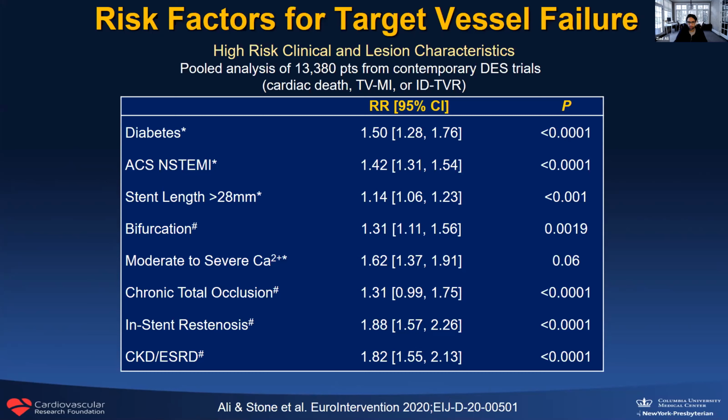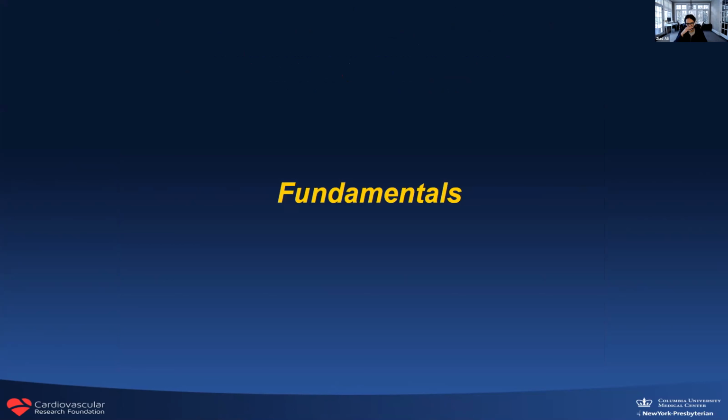So these are largely the ischemia-driven stable CAD patients. And if we're going to treat them to prevent a worse outcome compared to medical therapy, they really need to be treated properly.